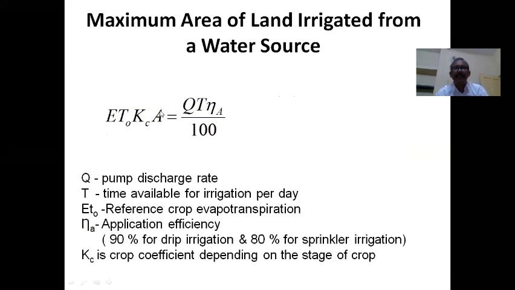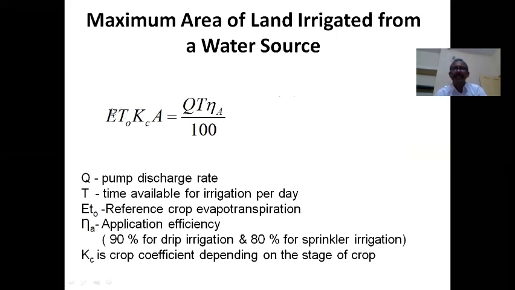On the left hand side you see this is the demand, this is the evapotranspiration. This is called reference crop evapotranspiration that you would have studied in your irrigation drainage course. And I have also talked about this in your book in the basic session.